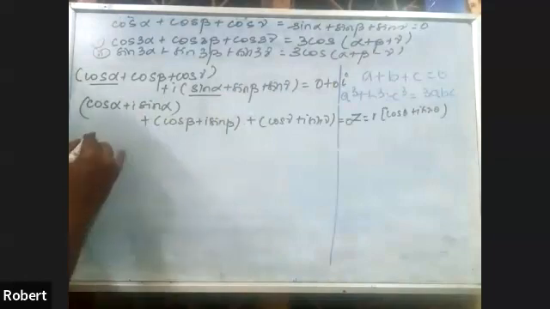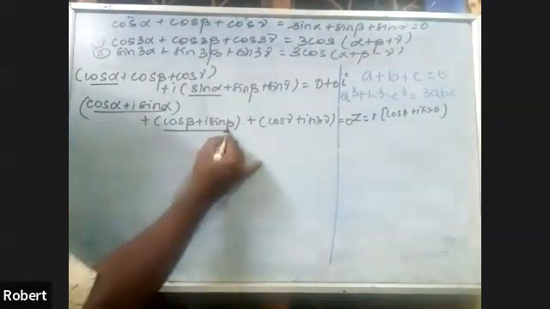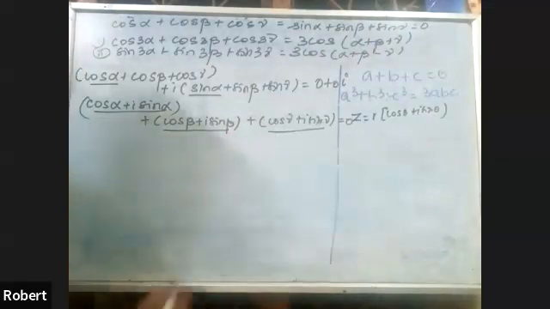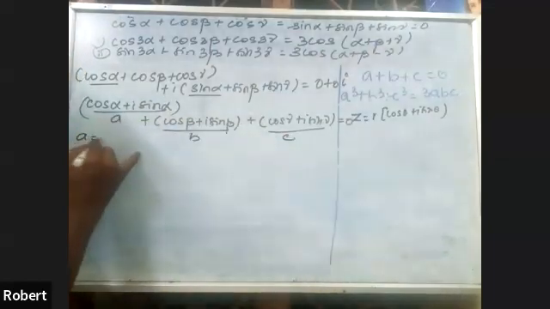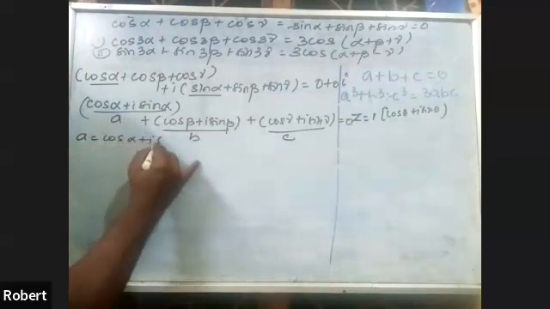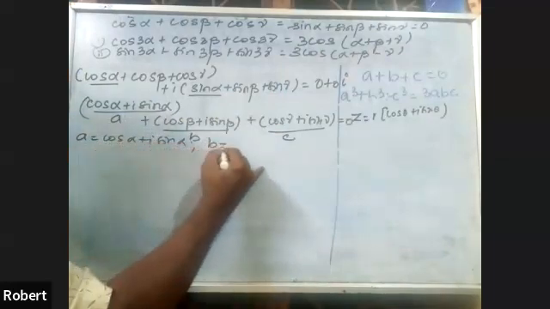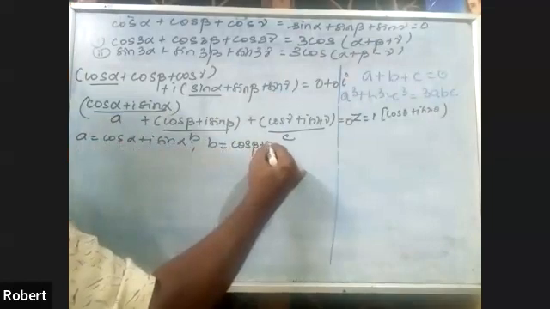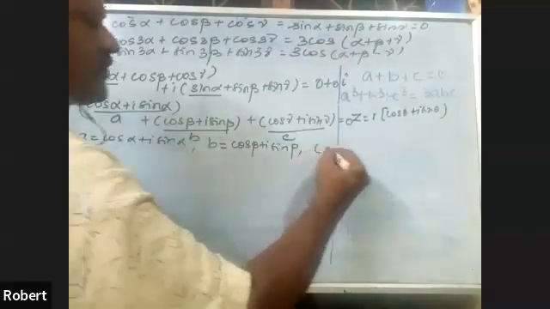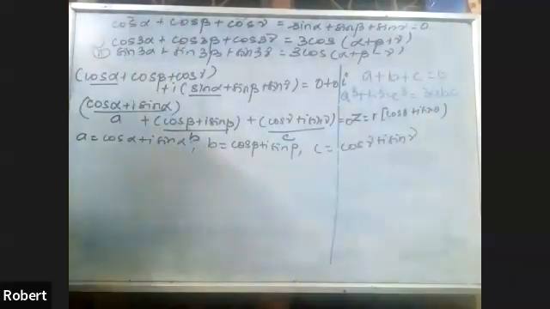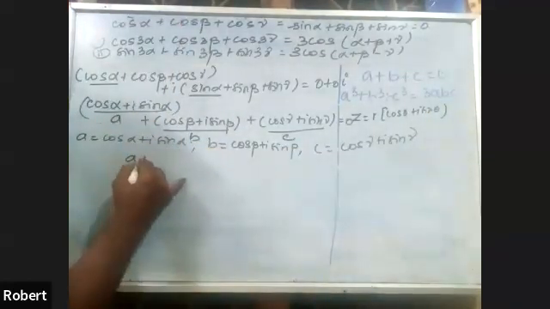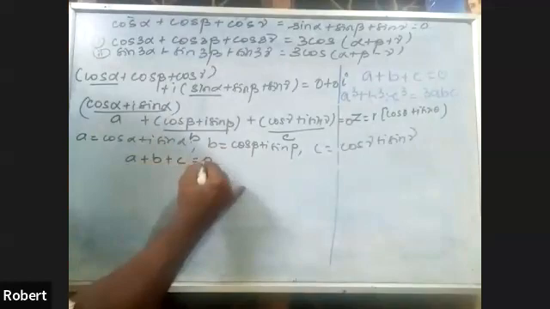Now I am assuming the first part is A, the second part is B, the third part is C. Your A value is cos alpha plus I sin alpha. Your B value is cos beta plus I sin beta. Your C value is cos gamma plus I sin gamma, which means I can write this as A plus B plus C equal to 0.